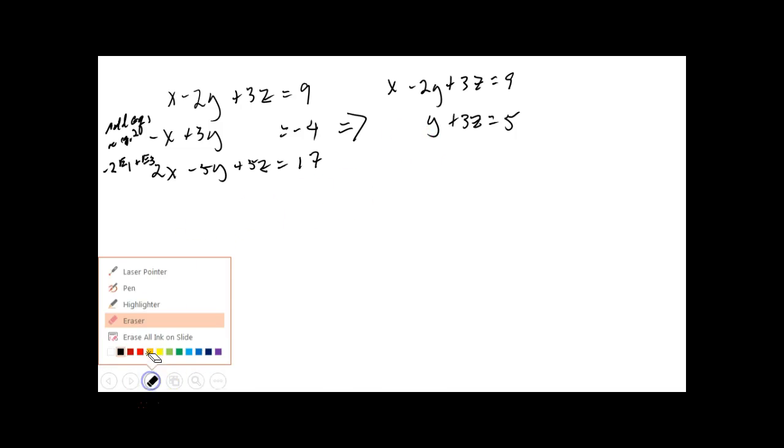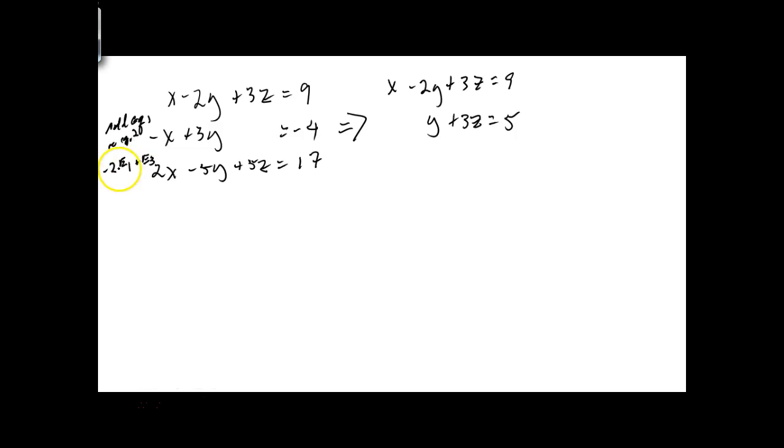So minus 2 times minus 2y would be plus 4y plus minus 5y would be minus y. Minus 2 times this would be minus 6z plus 5z, which is minus z.